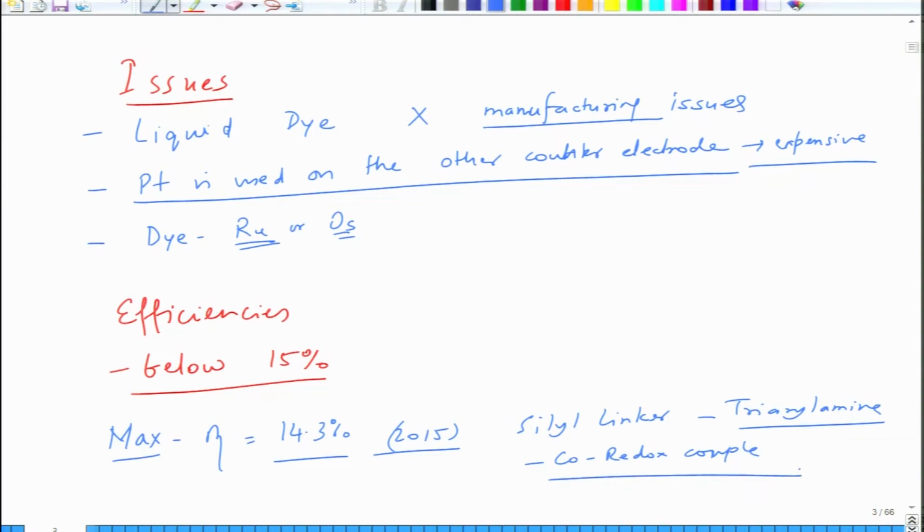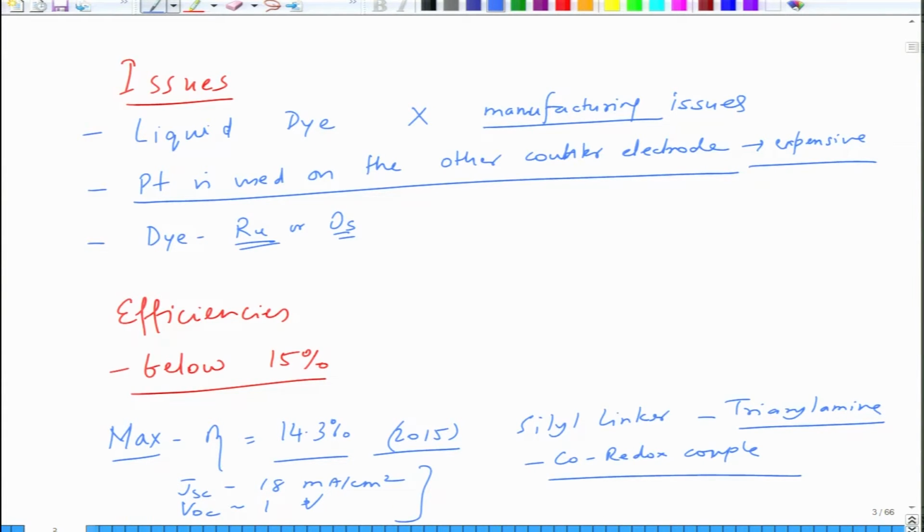This gives an efficiency of around 14% in dye-sensitized solar cells with JSC of about 18 milliamps per centimeter square and VOC of about 1 volt. So, this is the status of this solar cell.